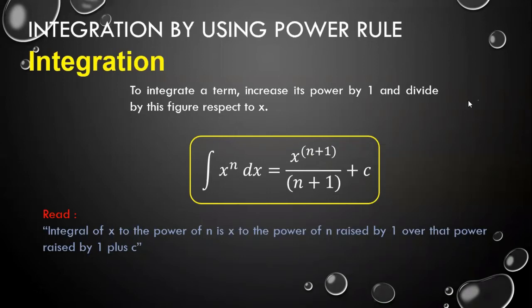This formula is valid when n is not negative 1. Once again, the integral of x to the power of n is x to the power of n raised by 1, over the power raised by 1, plus c, when n is not negative 1.